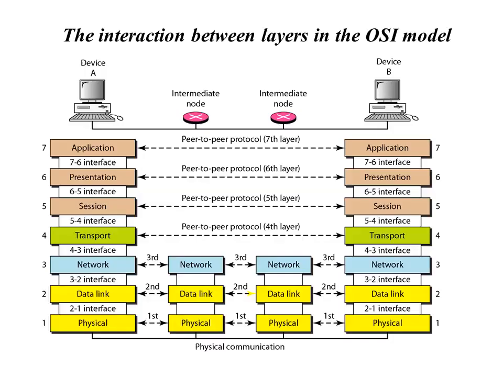Now, how exactly does this process take place between different systems, or how do different systems interact with each other? For example, device A and device B want to communicate with each other, and these devices are present in different networks. So these devices may be connected through different intermediate nodes, which might be different routers.